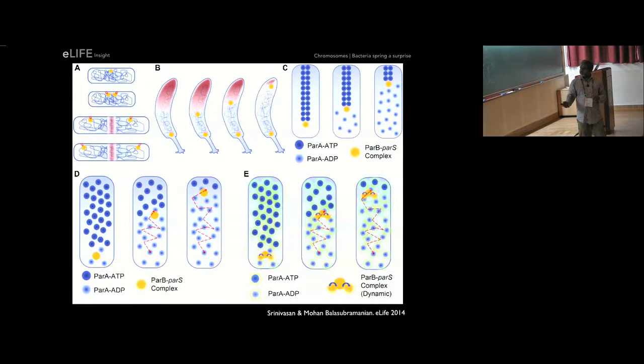And more recently there has been a DNA relay model, where Christian Jacobs Wagner's group has proposed that the elasticity of the DNA itself is important for this process, and that plays a role in the directional movement of these origins. But this particular case is for the chromosomal DNA segregation itself in bacteria, in this particular bacterium, Caulobacter crescentus. The other cases are more general for plasmids.